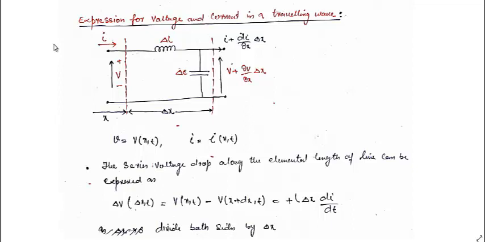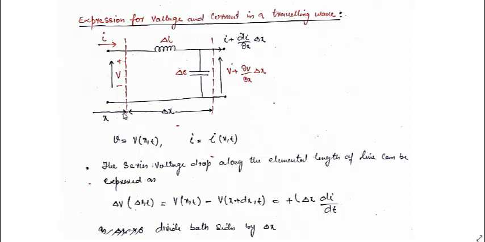We'll try to derive an expression for the voltage and current in a traveling wave. This is a section of the transmission line, and for a long transmission line we assume that the capacitance and inductance are distributed. That's why one of the sections has been taken like this.